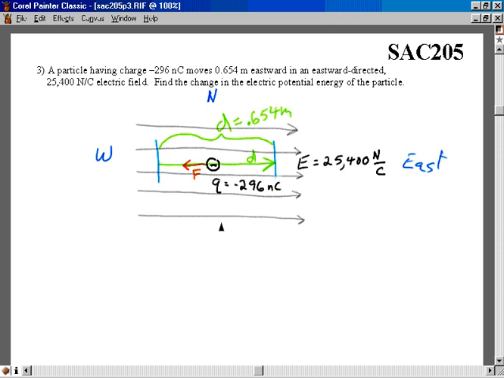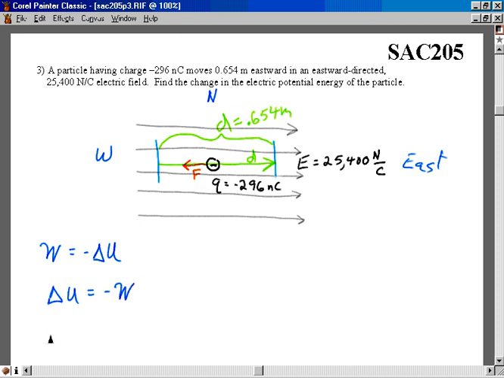Now let's see, there's going to be some work done on this object, and we can say the work done on the object is the negative of the change in the potential energy of the object. So we just need to find the work done on it, and that which we're solving for, the change in the potential energy, is just the negative of the work.